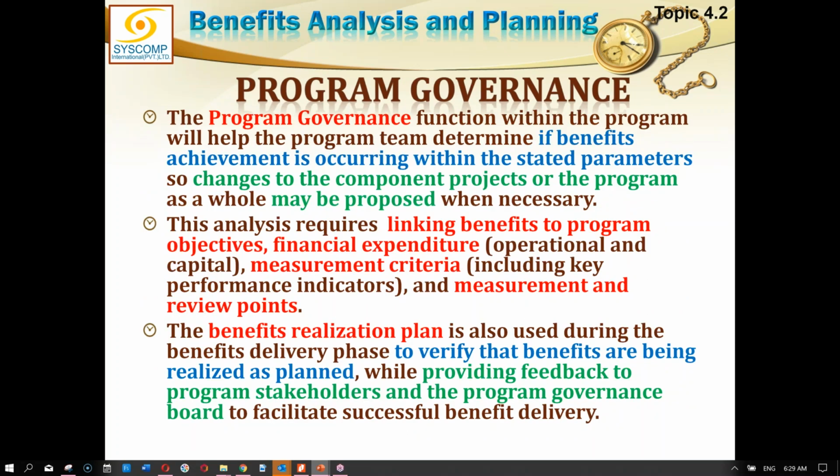Next important thing here is the program governance, on which we have got a complete domain which we'll be studying in the next chapter. Program governance function within the program will help the program team determine if benefits achievement is occurring within the stated parameters. So, changes to the component projects or programs as a whole may be proposed when necessary. Program governance is the overall governance function or feature of how the program is to be managed.